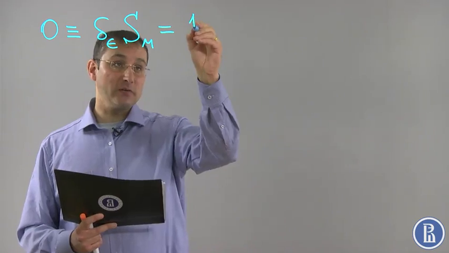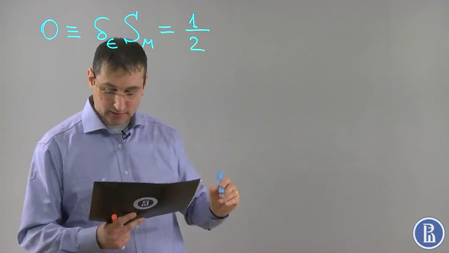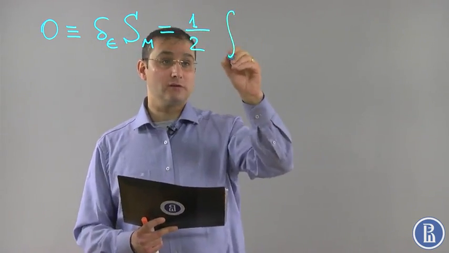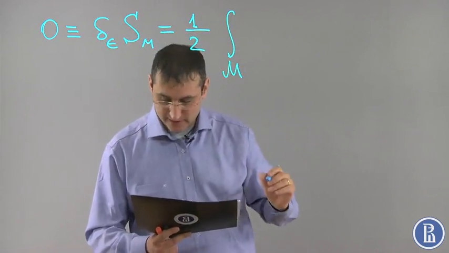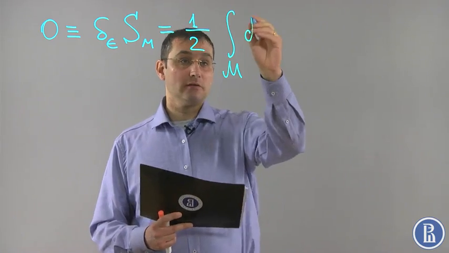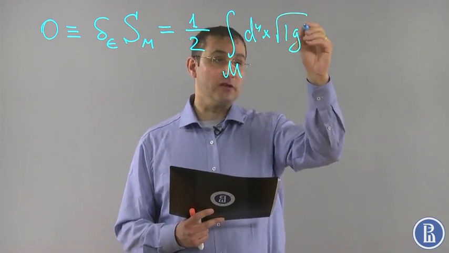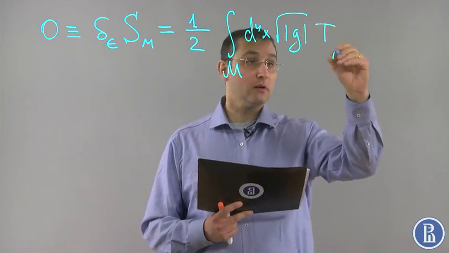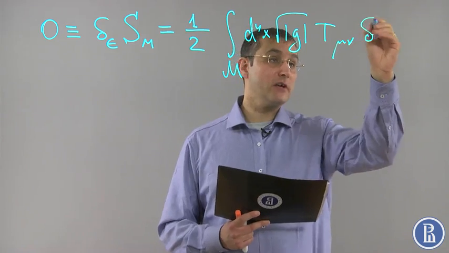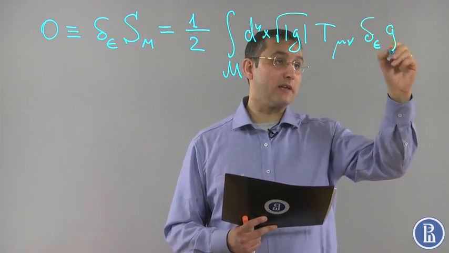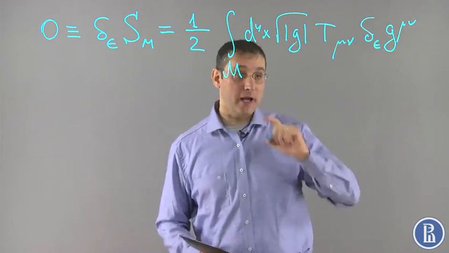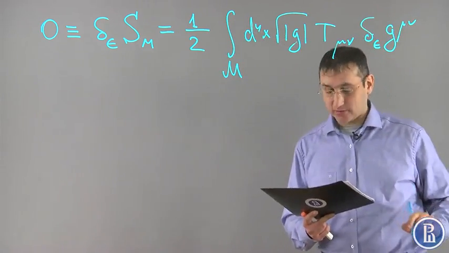Let us see what kind of conclusions it allows us to draw. So we have the integral over the space-time manifold, d4x square root of the modulus of g, t mu nu, and the variation of the inverse metric tensor under the infinitesimal coordinate transformations.